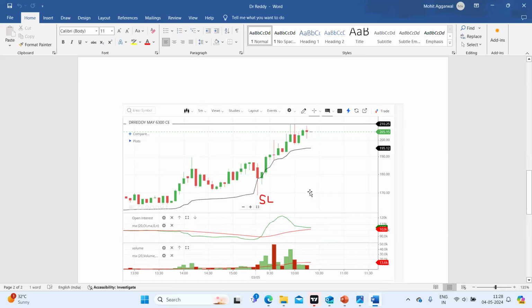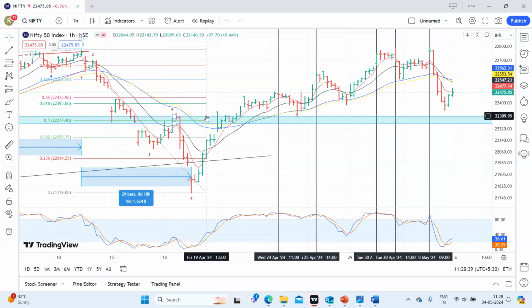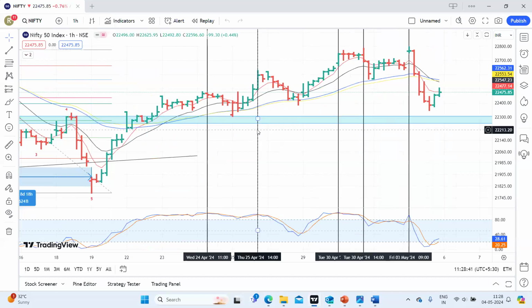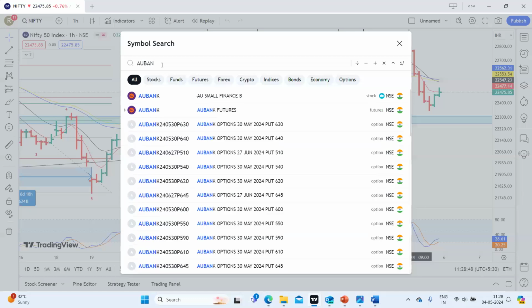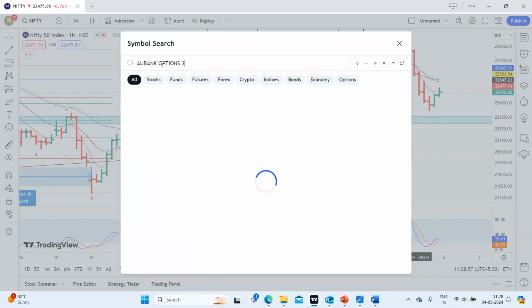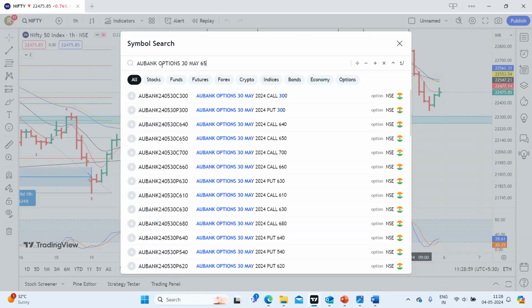Right. And if you can show me, let's say in AU Bank, I just did this trade yesterday. So where should my stop loss be if you would have taken that trade? AU Bank, which strike? Sir, please. 650. Sir, this is not a recommendation, please note.